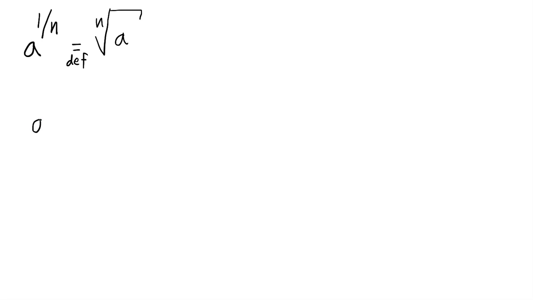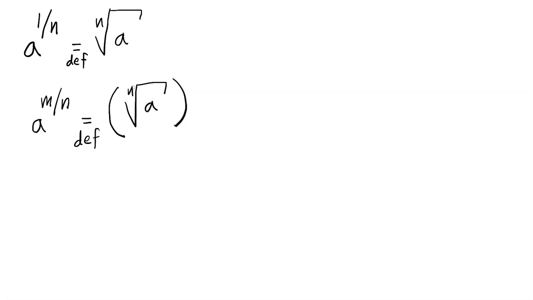And we follow along a similar line if we want to have a fraction m over n, for example. Then, to make the rules consistent, we need to define this as the nth root of a, raised to the power of m.